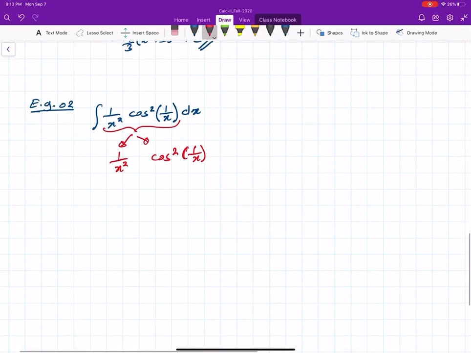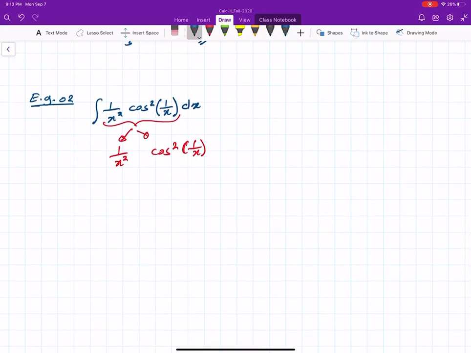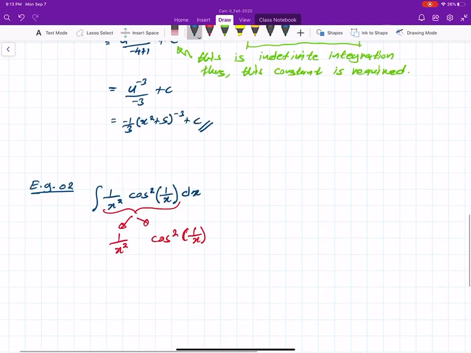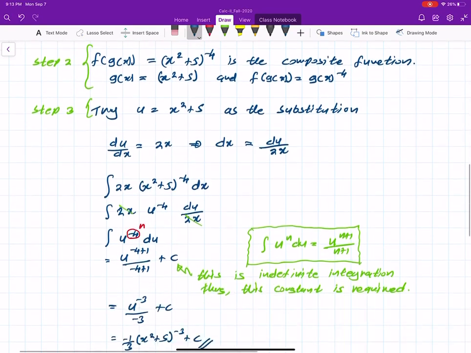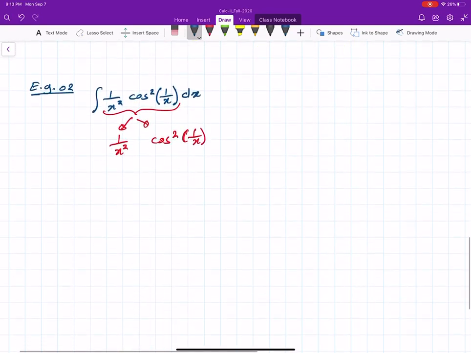And then in the next step, you have to find a composite function. I know this is a composite function: cos square 1 over x. So the outer function is cos square. The inner function is 1 over x.